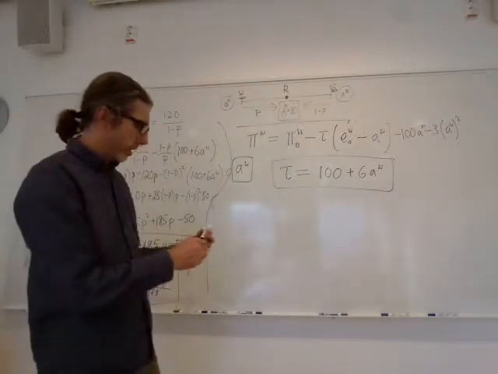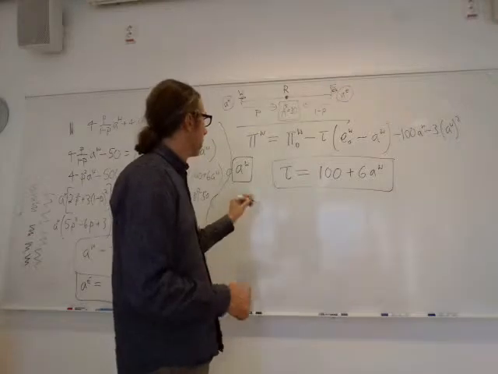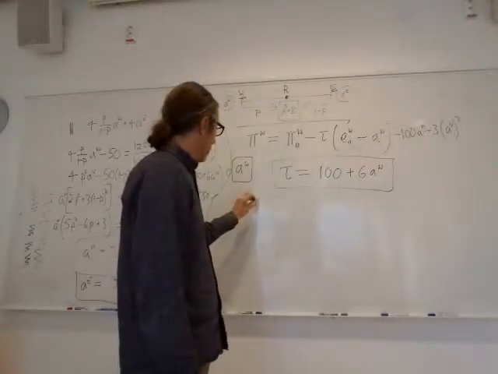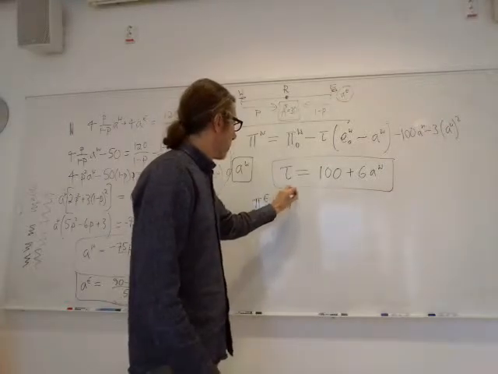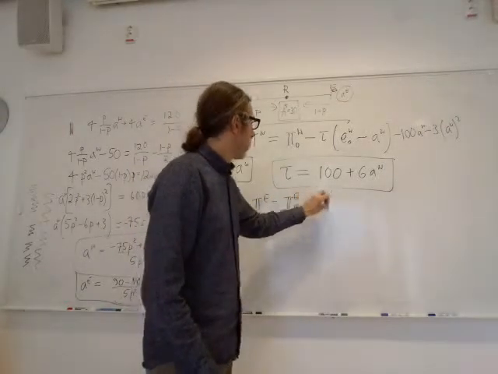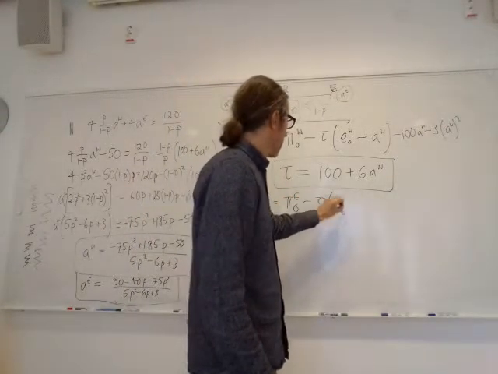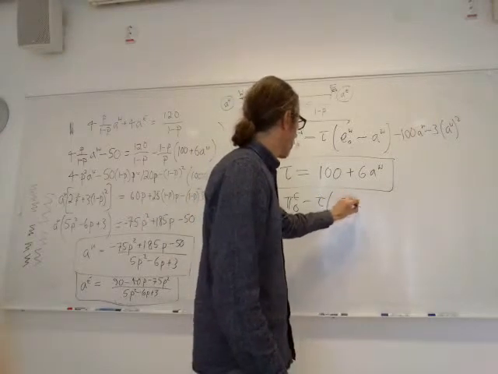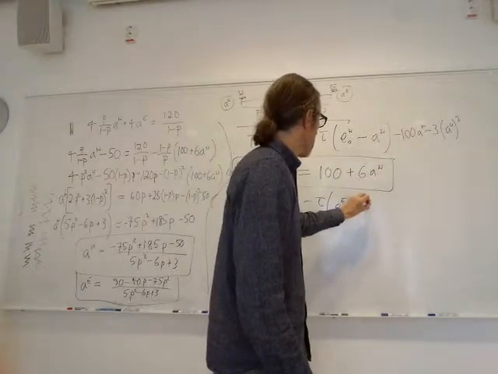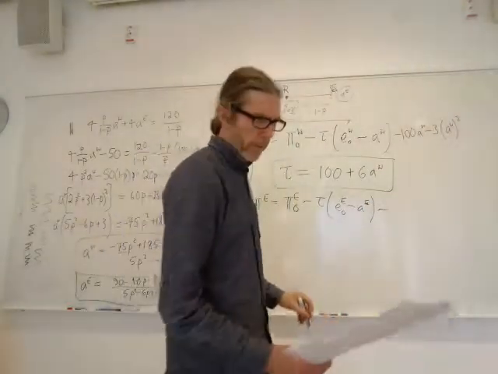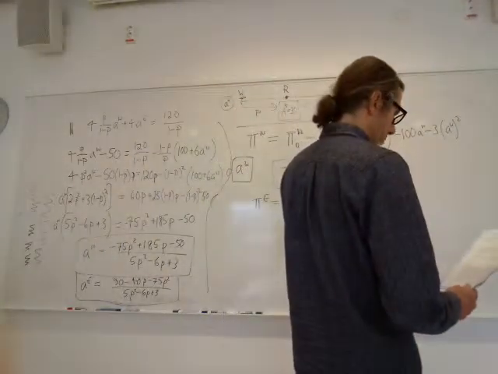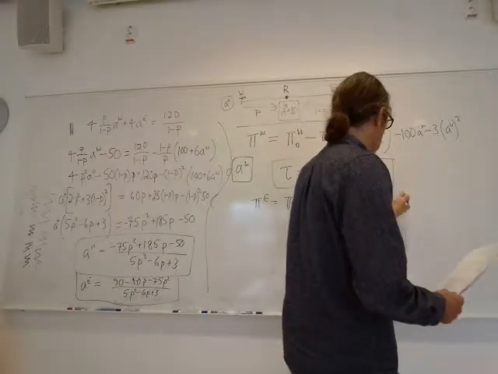Okay, the equivalent expression for the Eastern firm: pi E naught minus TOR E naught minus AE minus 50 AE and 2 AE squared.